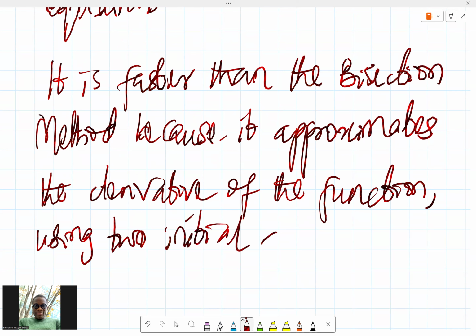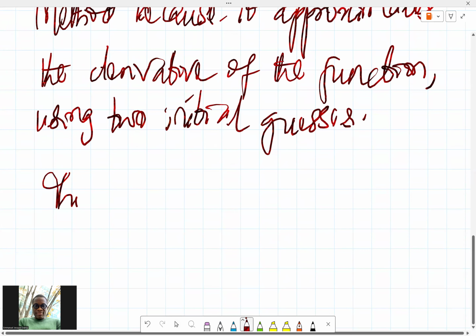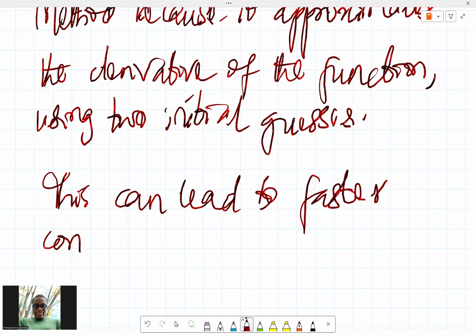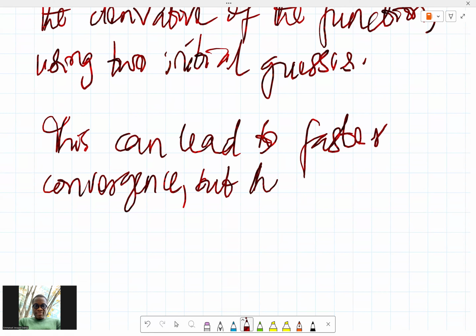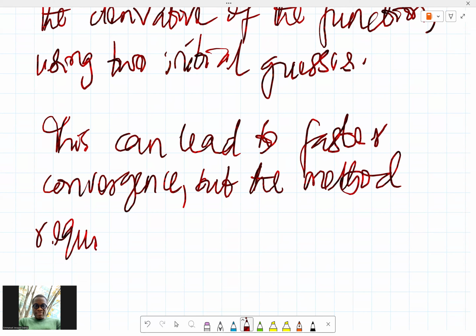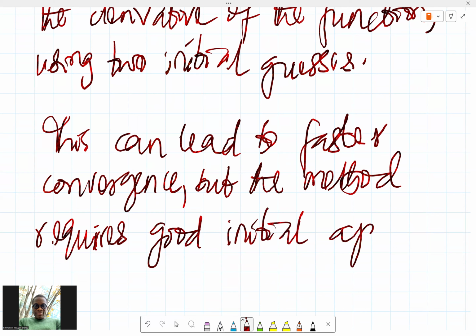This can lead to faster convergence. But the method requires good initial approximations.